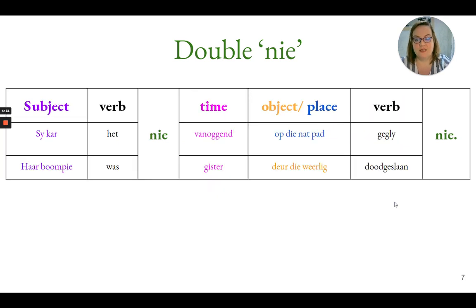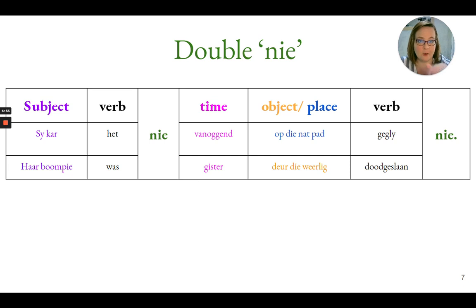Okay. Sy kar het nie vanoggend op die nat pad gegly nie. His car didn't gly on the wet road this morning. Okay. The het is the verb, it's past tense, but the nie goes after that verb. Vanoggend op die nat pad.